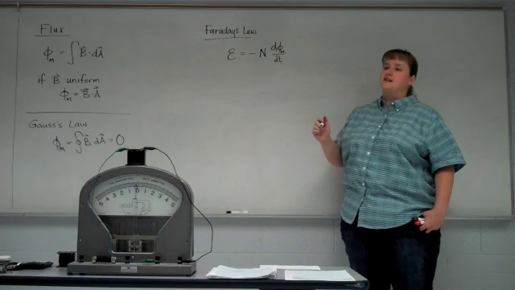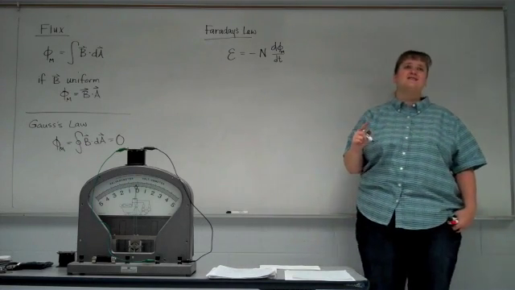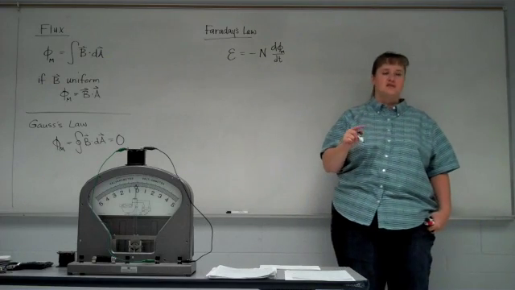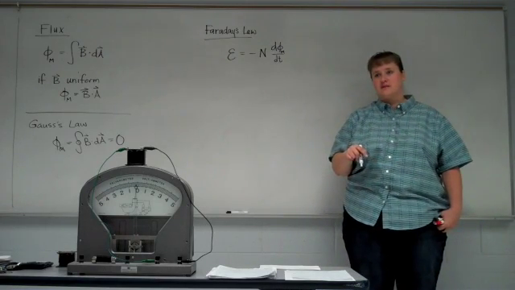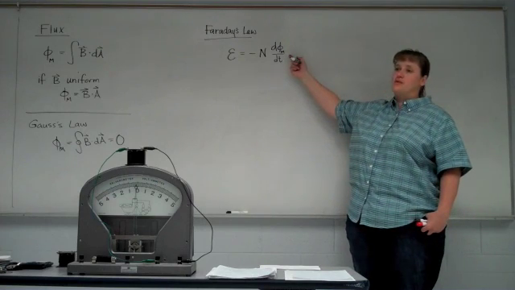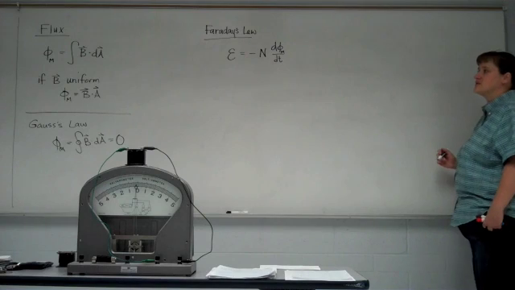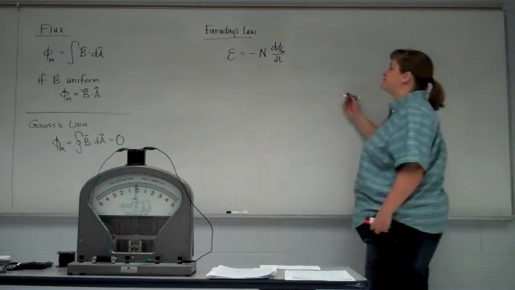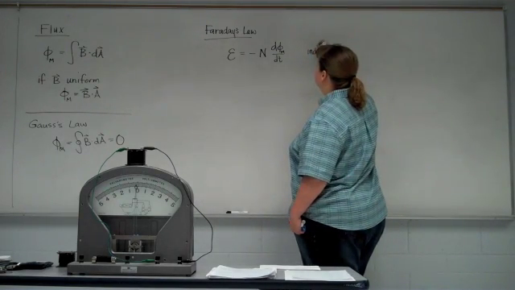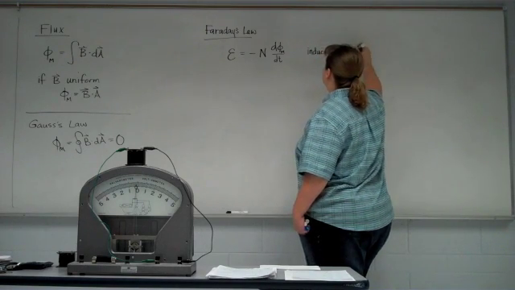dΦ/dt, the derivative of the flux with respect to time. That is the rate at which the flux is changing. How fast you change the flux is important. The faster you change it, the bigger the induced voltage will be. So this is an induced voltage, or induced EMF.